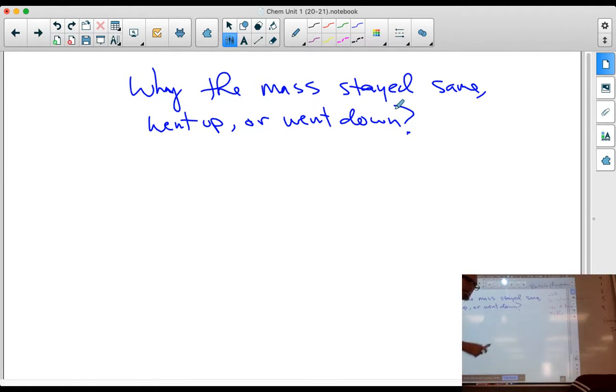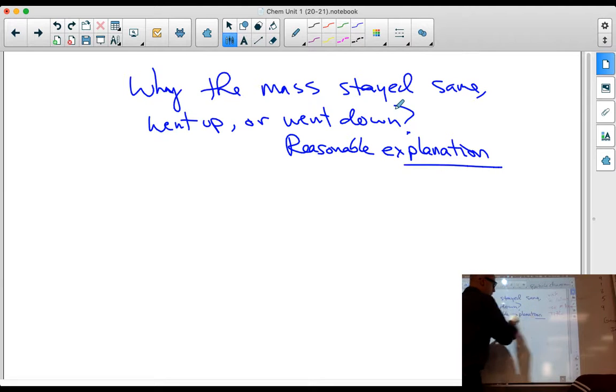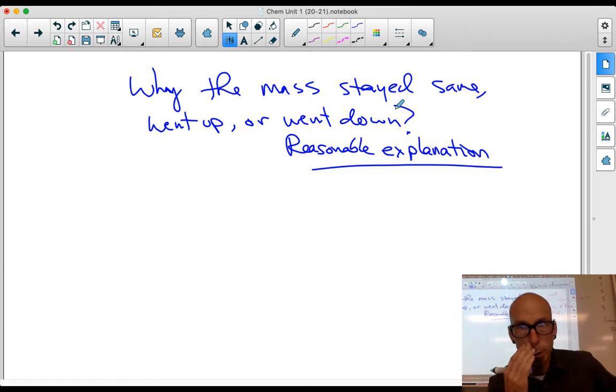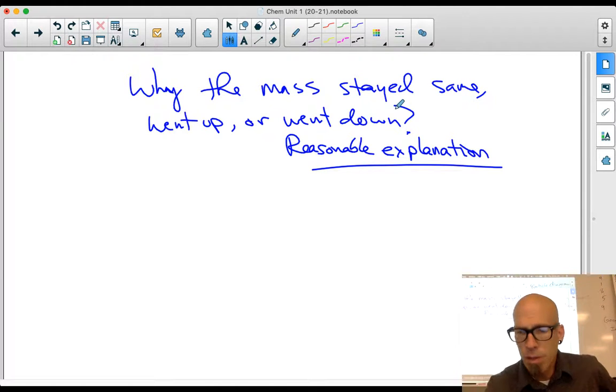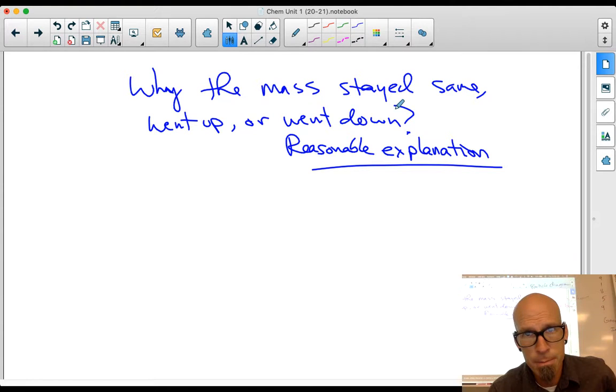A reasonable explanation as to why your mass did what it did. Okay, so that's what the goal was here. You measure the masses of all 4 parts, and then you had to come up with a reasonable explanation as to why your mass did what it did.